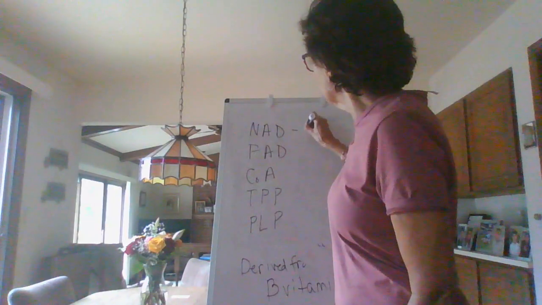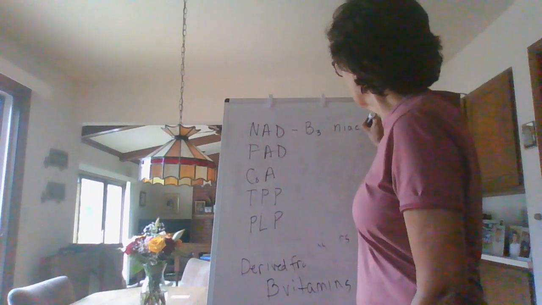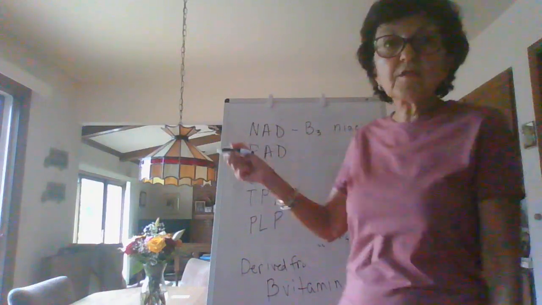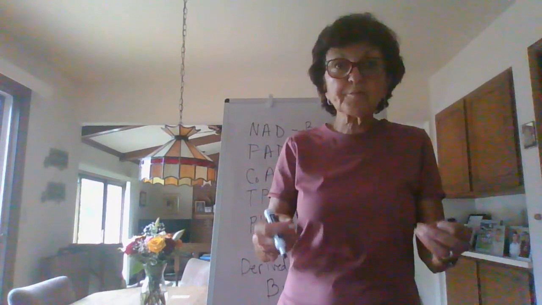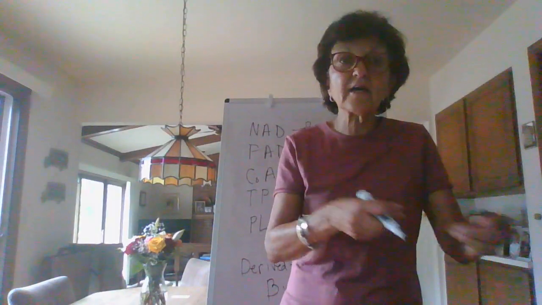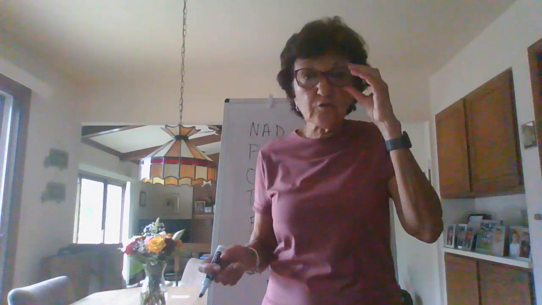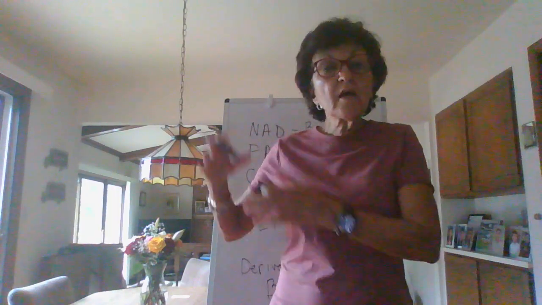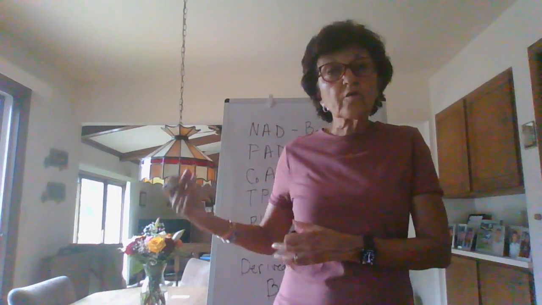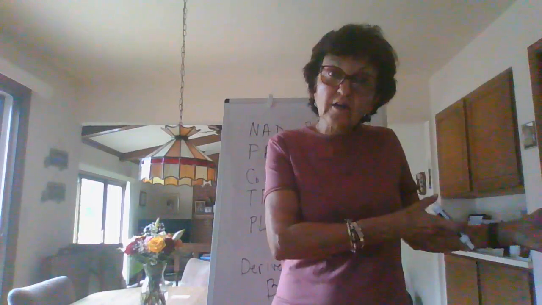NAD is derived from B3, which is niacin. You may have heard of niacin. This is vitamin B3. Your body takes it in and makes NAD. What is the purpose of NAD? It helps an enzyme do its job. In fact, so many of those dehydrogenase enzymes, you remember the category oxidoreductase, they need NAD in order to get the substrate and turn it into a product.